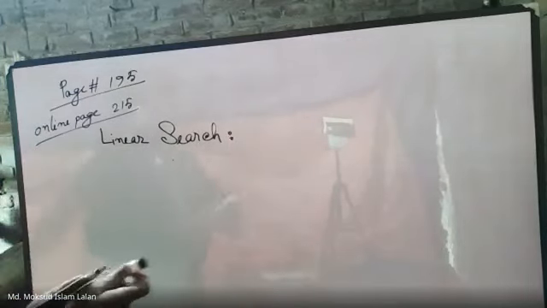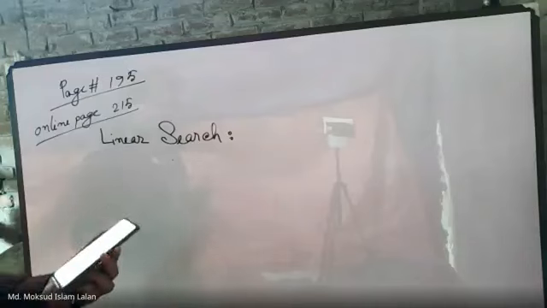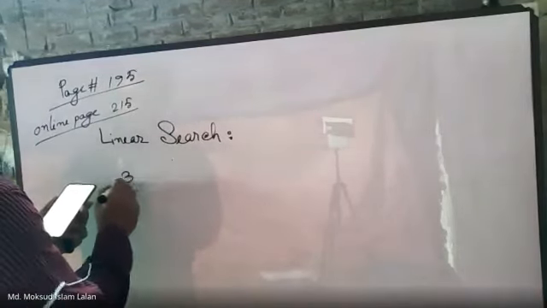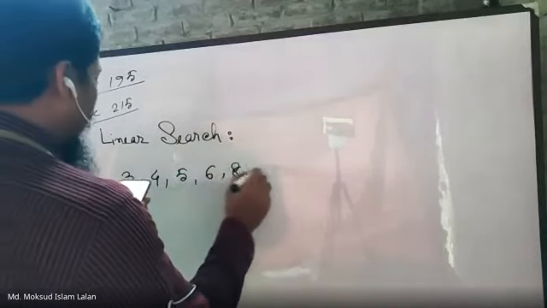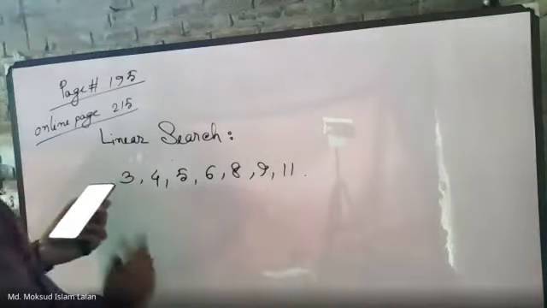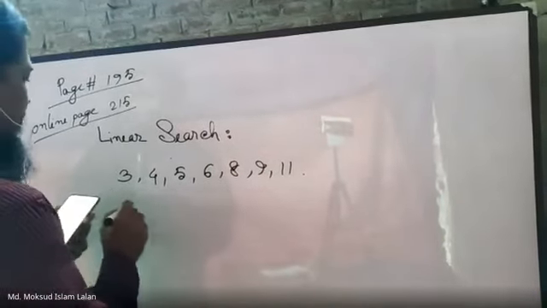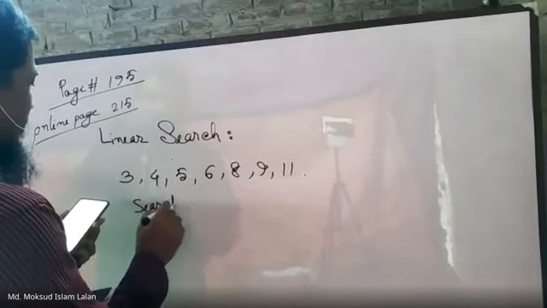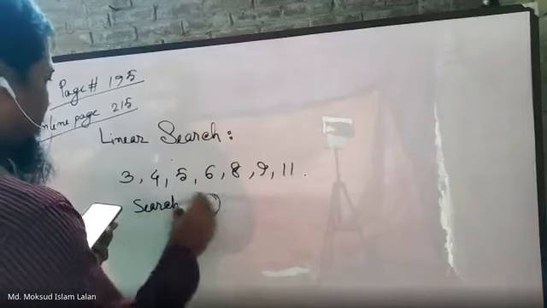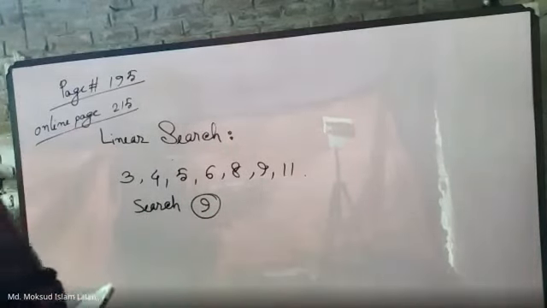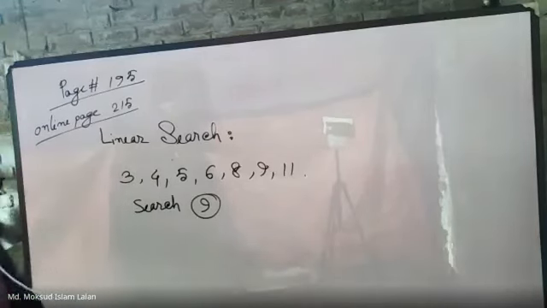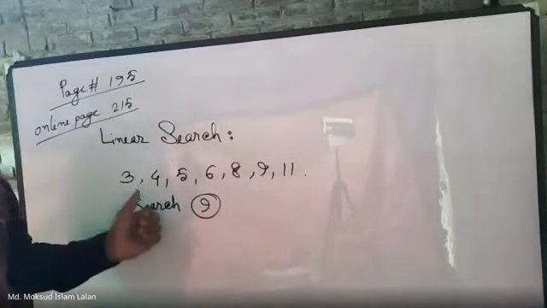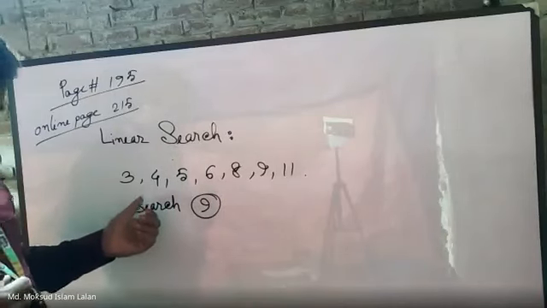Suppose exercise 13, the list is 3, 4, 5, 6, 8, 9, 11, and we have to search 9, right? So how can we search? What does the algorithm say? Definitely this is a sequential search.